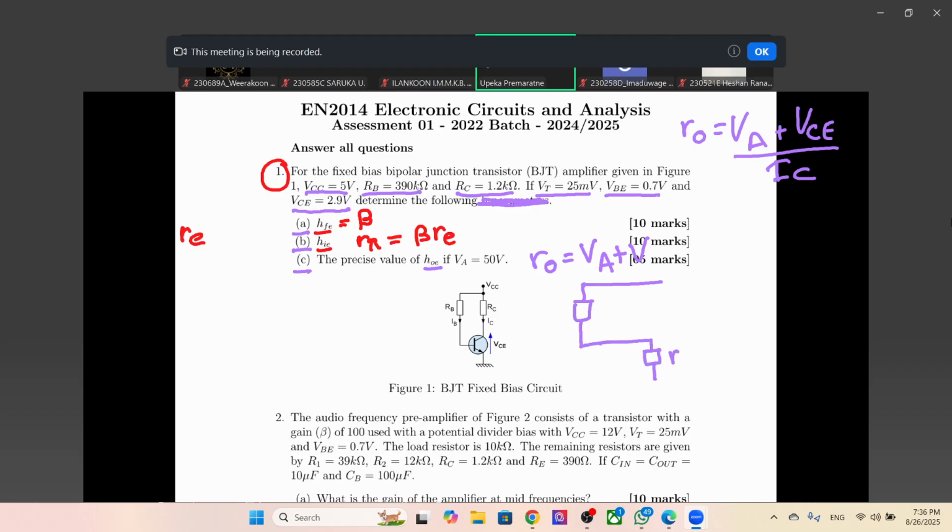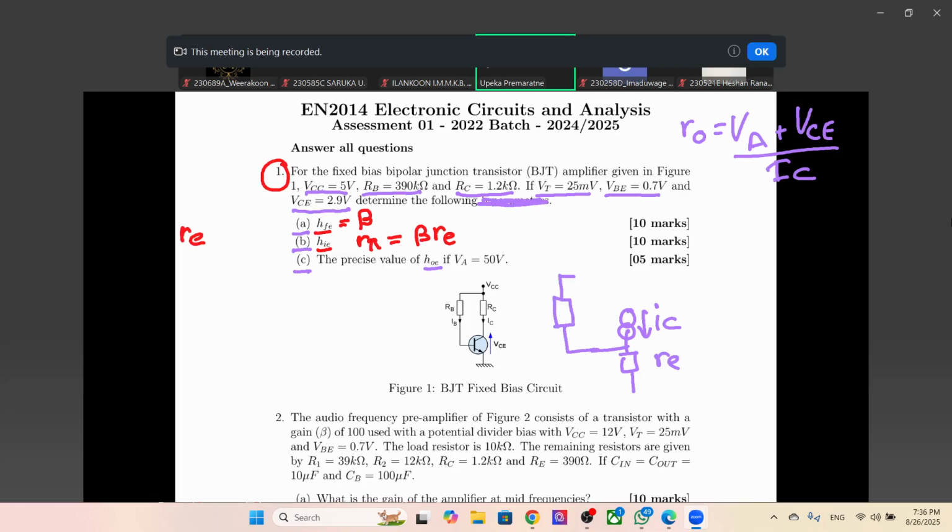Here is the constant current source IC. Here is RE, and we will calculate this value for the student who asked the question previously.